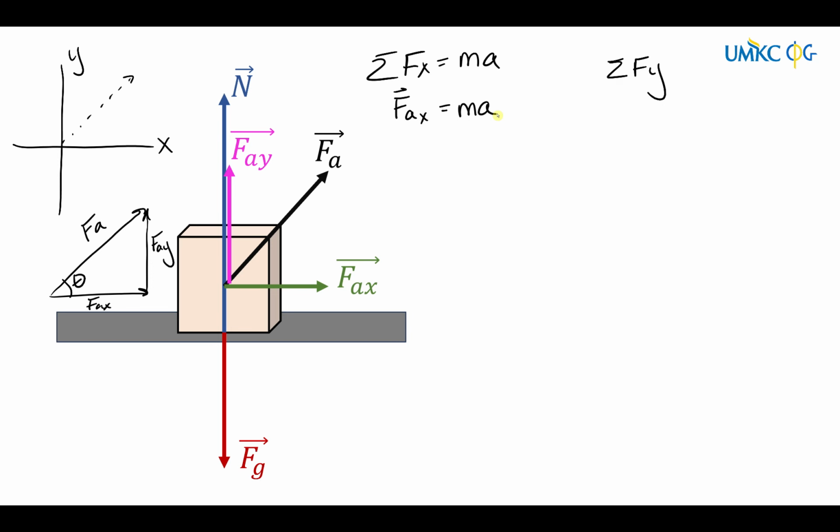The next thing I can do is break this force applied in the x direction into a more specific version. Because this is the cosine, this would be the force applied cosine of theta is equal to mass times acceleration in the x direction.